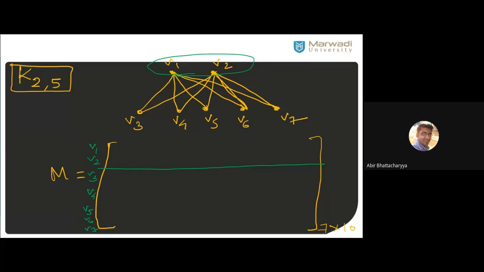For V1, if you observe, how many edges are there? 5 edges. For V2, how many edges are there? 5 edges. That's why we will divide into 5 and 5. So first E1, E2, E3, E4, E5. Then E6, E7, E8, E9, E10. So this is a block. First 5 and last 5.